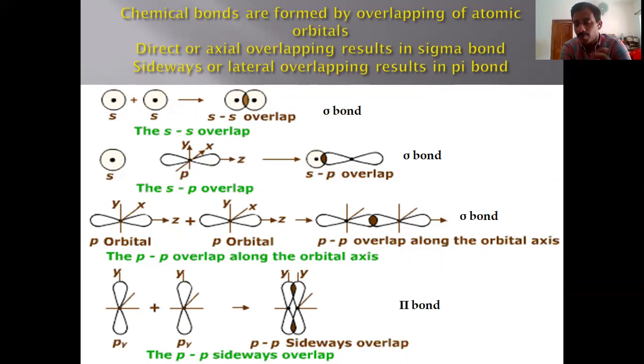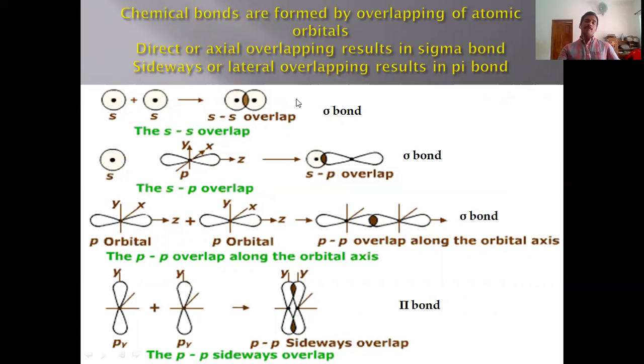Direct overlapping of atomic orbitals or axial overlapping of atomic orbitals is known as a sigma bond. Sidewise or lateral overlapping results in a pi bond. If the orbitals are overlapping sidewise or laterally, then the resulting bond is known as a pi bond.